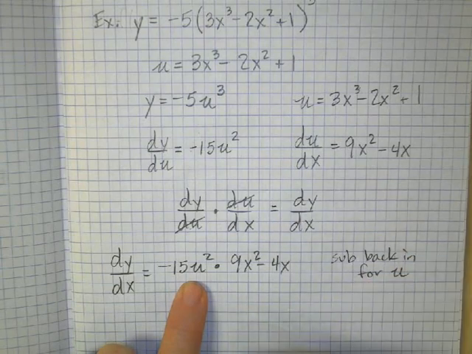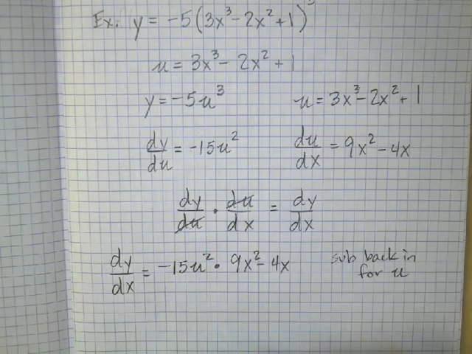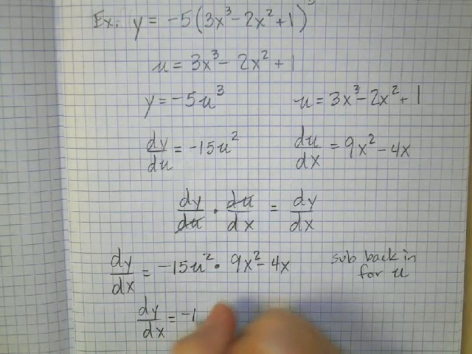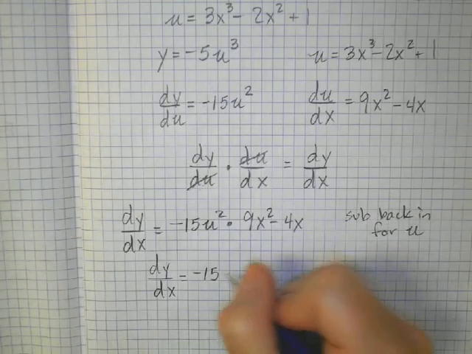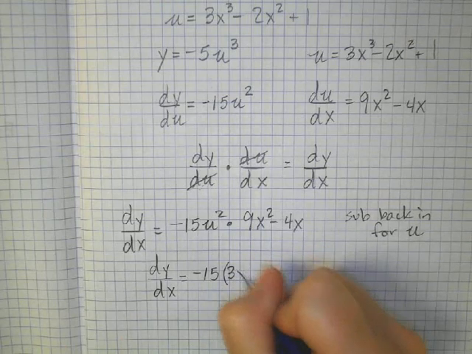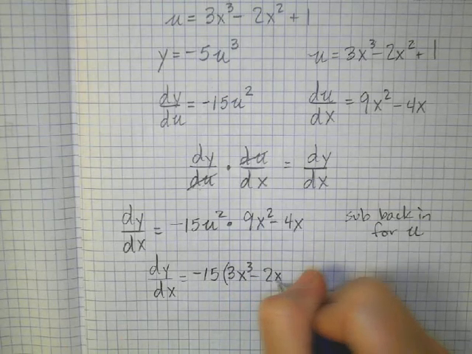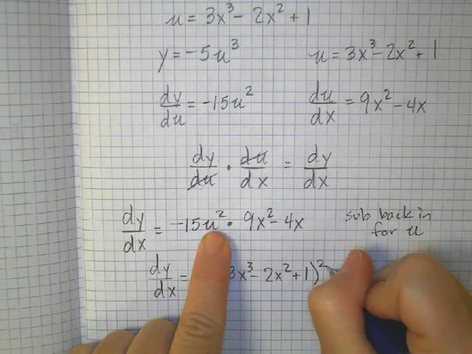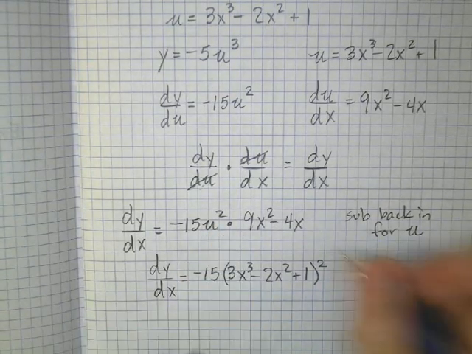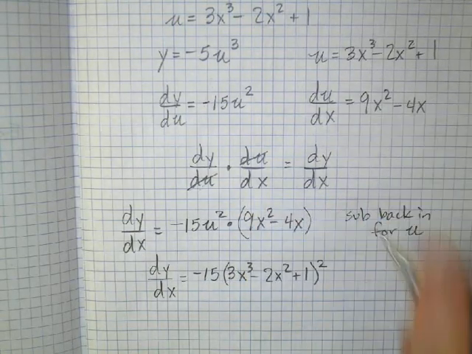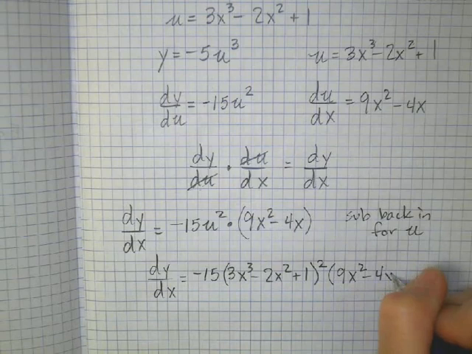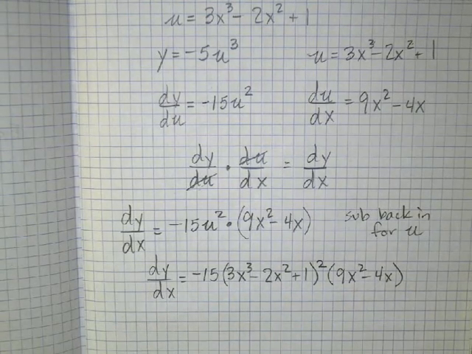So dy/dx is equal to negative 15 times (3x cubed minus 2x squared plus 1) squared, times, and I should have put that in parentheses, that whole thing, (9x squared minus 4x). Bam, there it is.